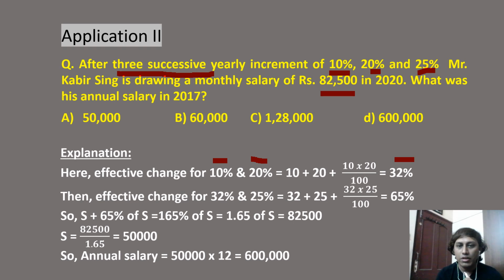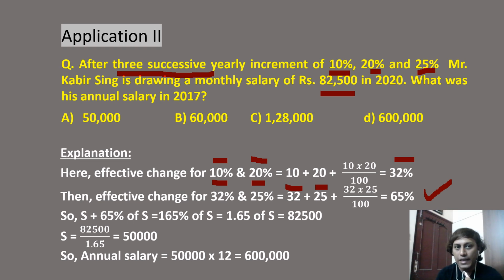Similarly, now take 32% with the third change. So the effective change of 32% and 25% is 32 plus 25 plus 32 into 25 by 100, which is 65%. That means successive change of 10%, 20% and 25% is equivalent to one change of 65%, right?